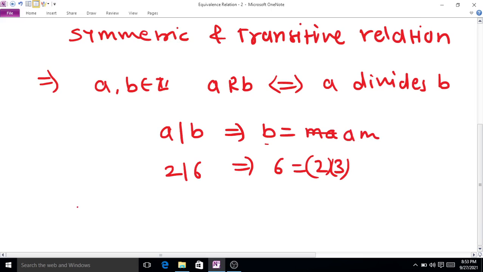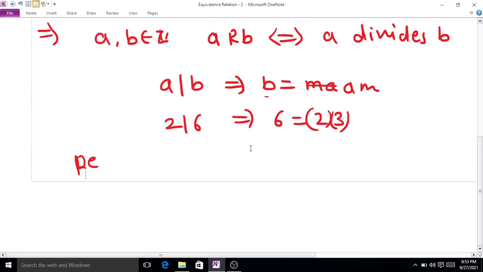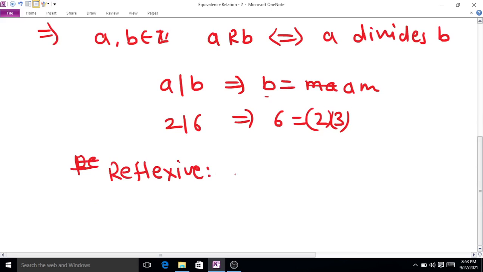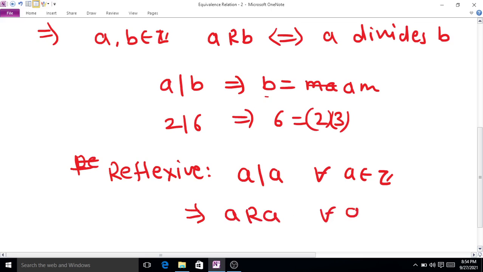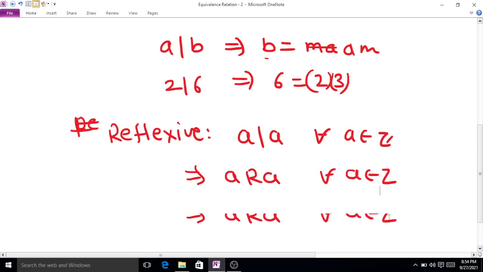Now we know that to check a reflexive relation, since a divides a for every a belonging to Z, a is related to a for every a belonging to Z, and therefore R is a reflexive relation.